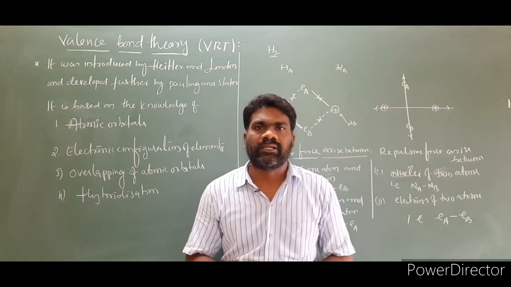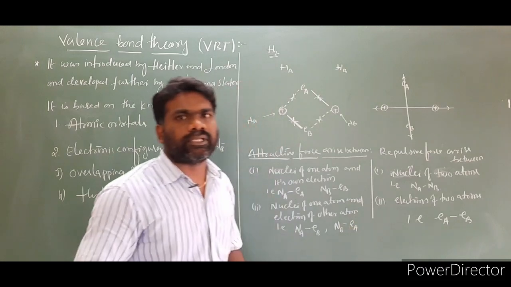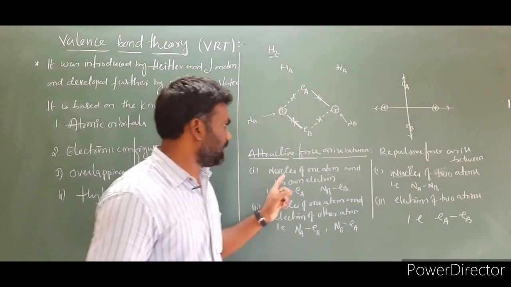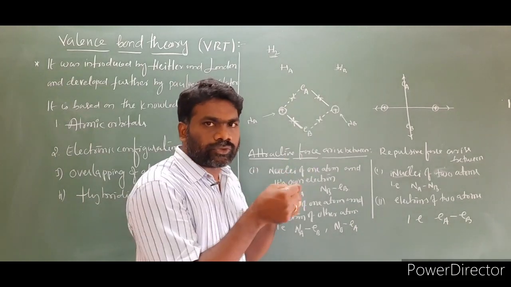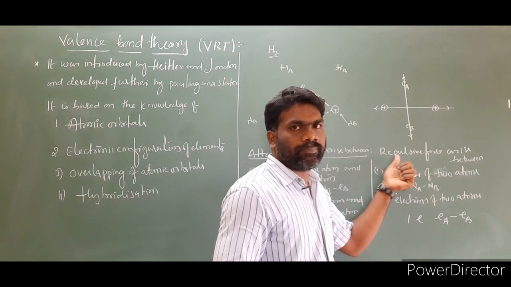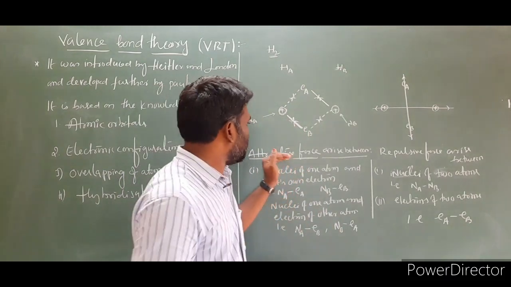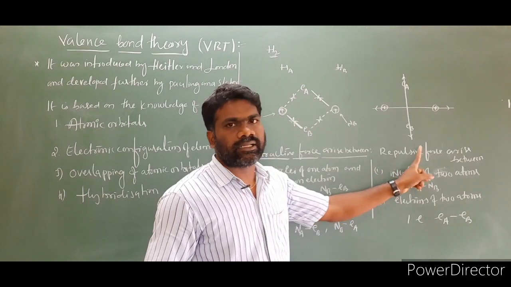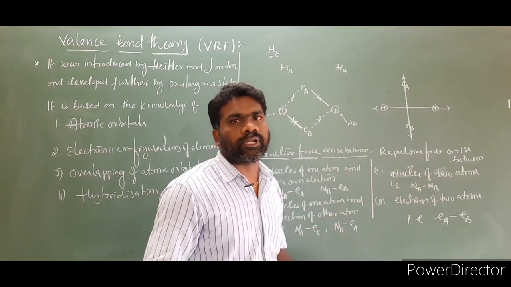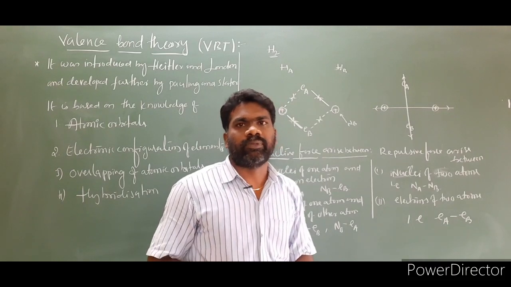As a result, the atoms combine to form molecules. We have to write these two sentences. The first sentence is: attractive forces bring the atoms close together and repulsive forces bring them apart. The second sentence is: at a particular internuclear distance, attractive forces are greater than the repulsive forces and potential energy decreases. As a result, a bond is formed between the atoms.